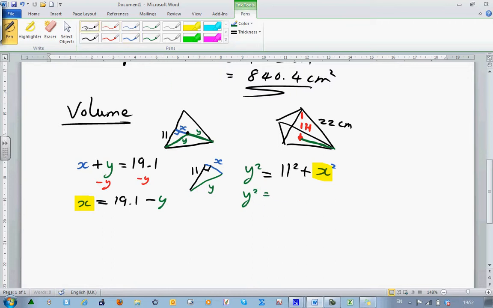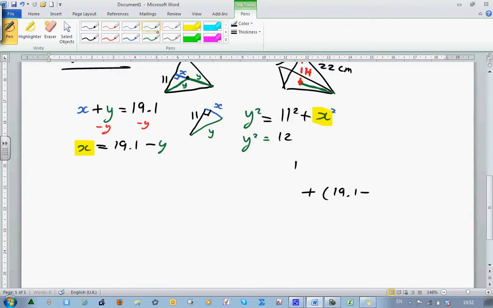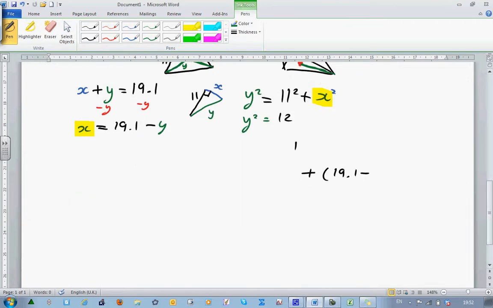Okay, this is all very interesting because the computer's jumping around everywhere. Right, here we go. 121 plus the value of x, which is 19.1 minus y, all squared.